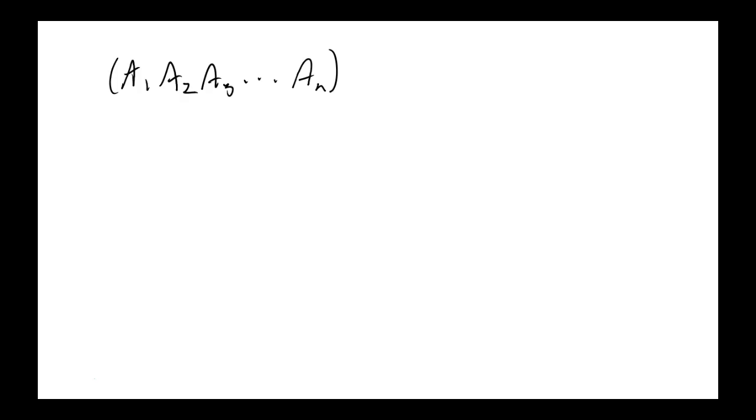They have to be. So all these N matrices are invertible, and they're all the same size. If they are invertible, here's what the inverse is: A sub N inverse times A sub N minus 1 inverse times A sub N minus 2 inverse.